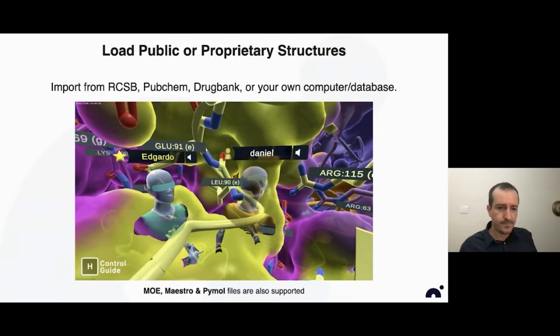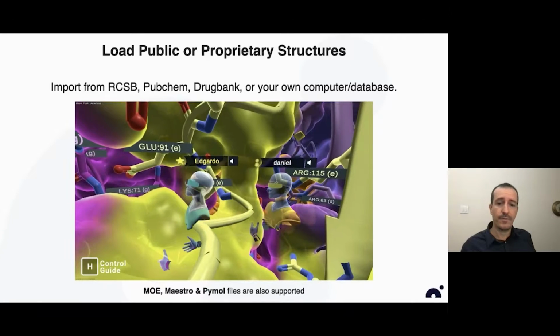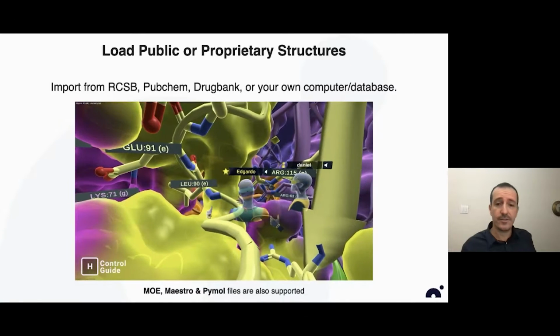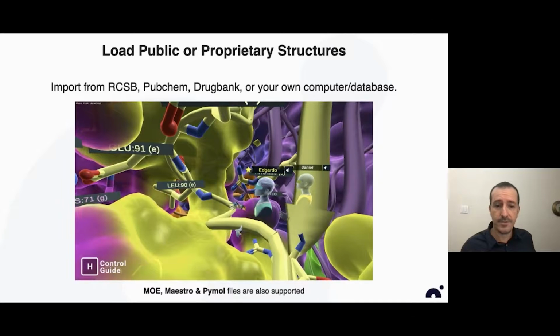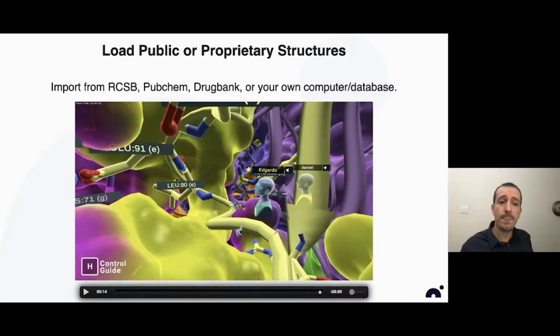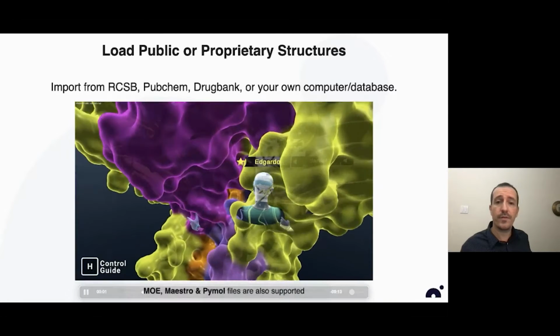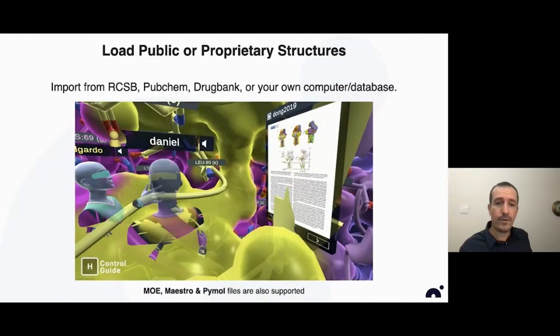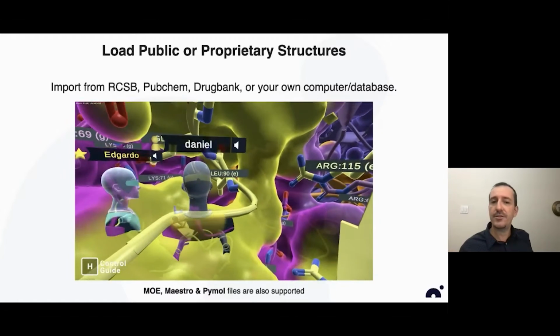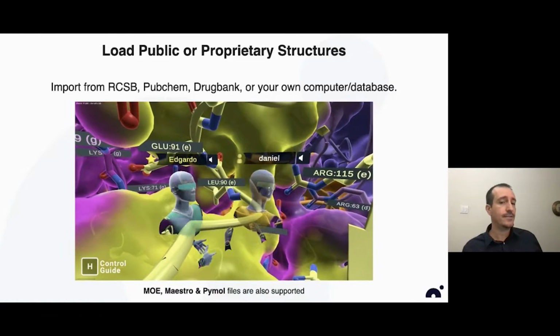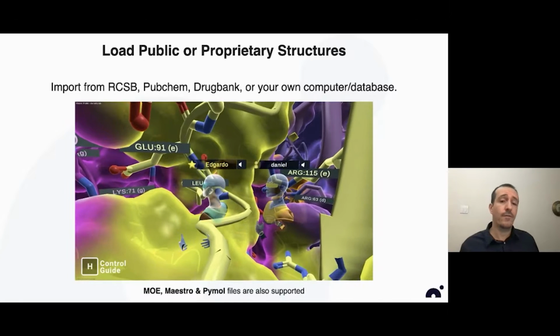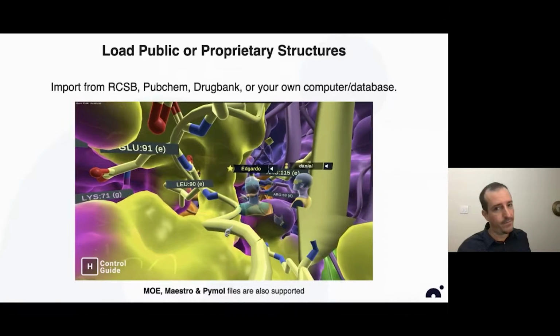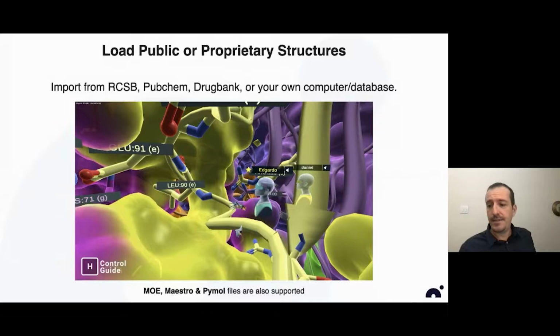What's also really great is that if you have any sessions or files from other software, such as MOE, Maestro, and PyMOL, those files and sessions are also supported. If you load those within our platform, it will maintain the original representation, so you'll see everything just as it is. Then you can make further modifications to that workspace and save it. That's been shown really helpful for teams working in drug design.